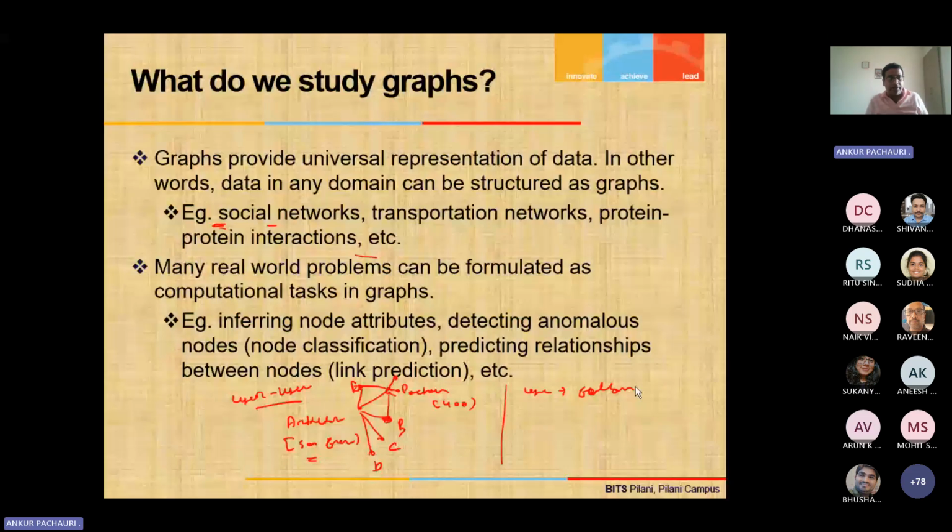Same as LinkedIn. I'm following someone, someone is following my updates. Same as the case with ResearchGate. I'm following the research area of someone, and someone else is following the research areas or research papers of mine. So that is back and forth. I may be following a person who is following me, so there can be loops also.